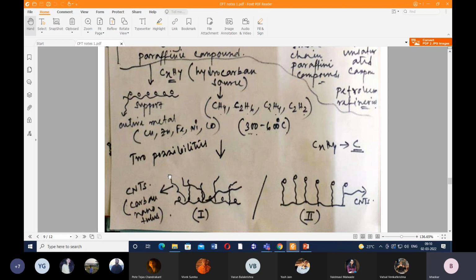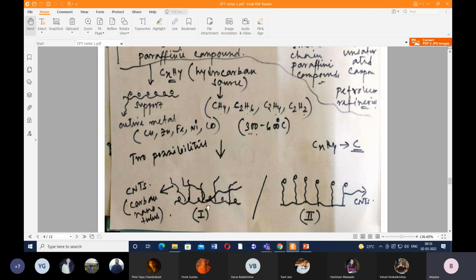There will be growth of filamentous amorphous carbon like this, and they are basically carbon nanotubes. They have tubular morphology. I'll show you the morphology in a short while. So for the time being, remember, I'll have filamentous growth of carbon and they are tubular in shape.